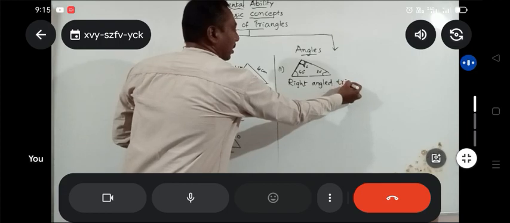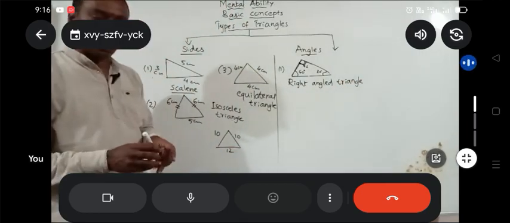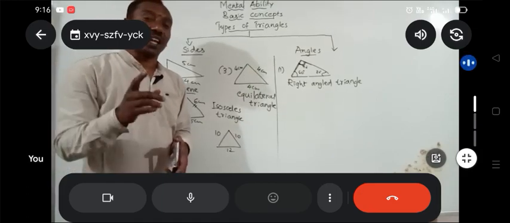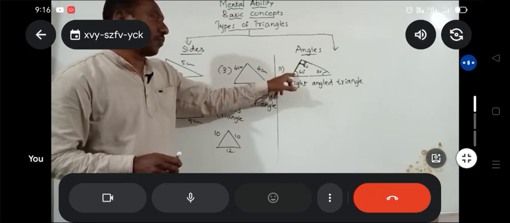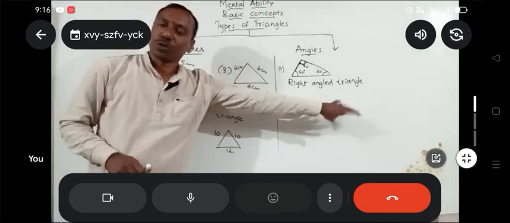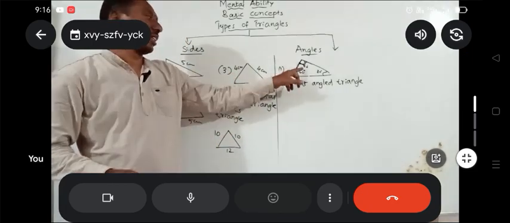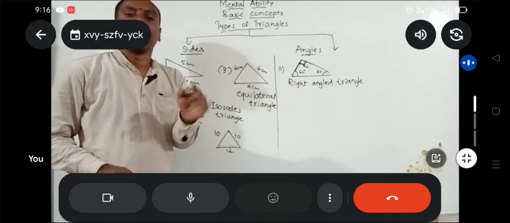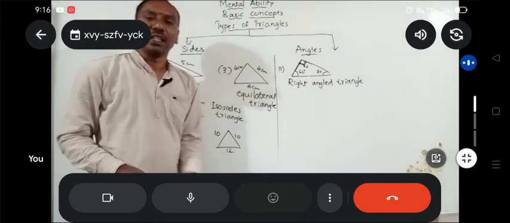Only one angle should be 90 degrees. Another angle will never be 90 degrees, because if it becomes 90 degrees, they will become parallel lines. So only one angle should be 90 degrees. If one angle is 90 degrees, we call that a right angle triangle.